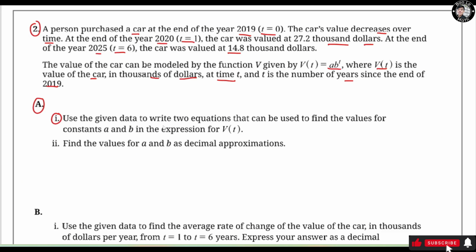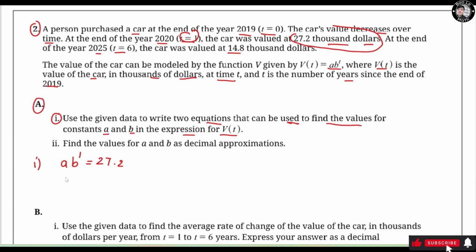Use the given data to write two equations that can be used to find the values for the constants a and b in the expression for V of t. At t equals 1, the car value is right here, so we have a times b raised to the first equals 27.2.